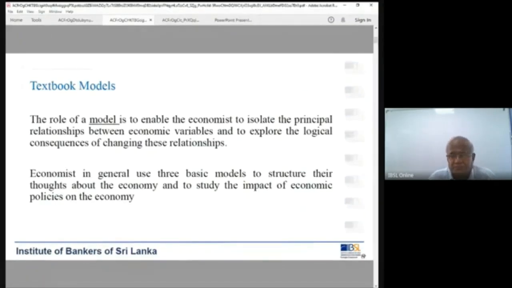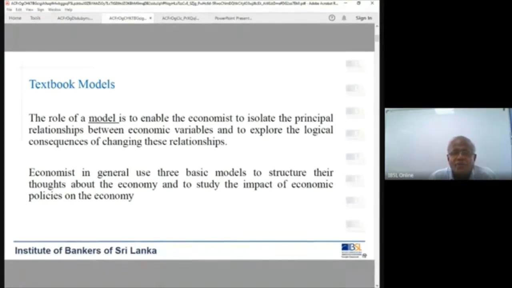The model is to enable economists to isolate the principal relationships between economic variables and to explore the logical consequences of changing these relationships. A good example is the demand-supply market model. X-axis quantity, Y-axis price. Then you draw the demand curve and supply curve.